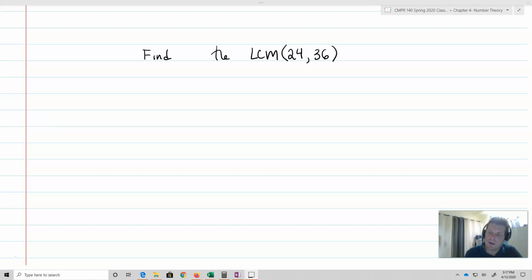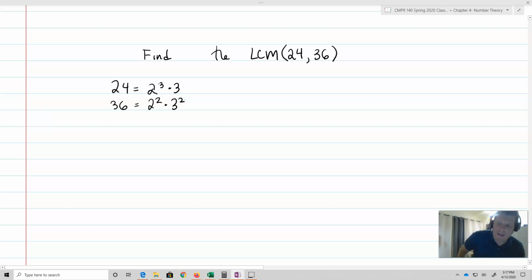Let's find the LCM of 24 and 36. 24 is going to equal 2 cubed times 3. And 36 is going to equal 2 squared times 3 squared. Now, 24 and 36 are going to share some factors.